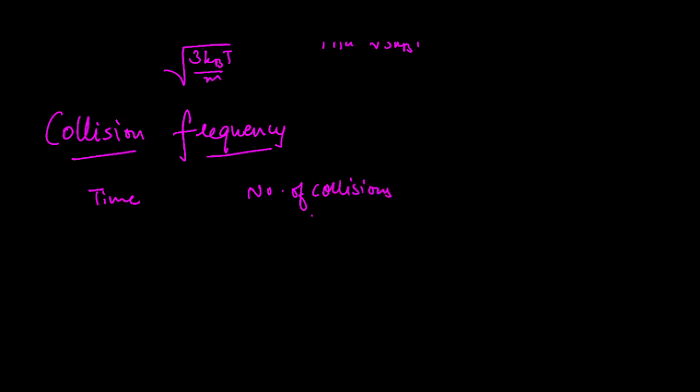If the number of collisions is 1, then the time is called relaxation time. Is this okay? How long does it take to make one collision? That is called relaxation time. Right? After how much time does one collision occur? Then how many collisions in one unit time? That is called collision frequency. Okay, is this cross multiplication clear to you?